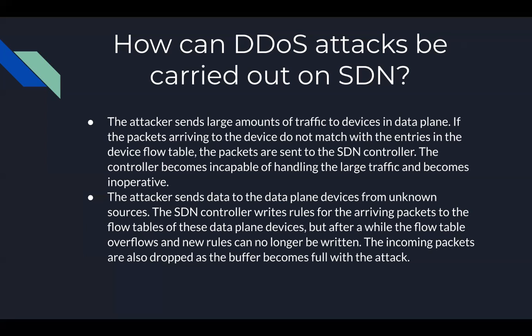But if packets are coming from various different sources, a lot of rules are being written to the flow tables, and after a while the flow table overflows and no new rules can be written, and the incoming packets are also dropped because the flow tables are overflowing, and the attack is successful that way.